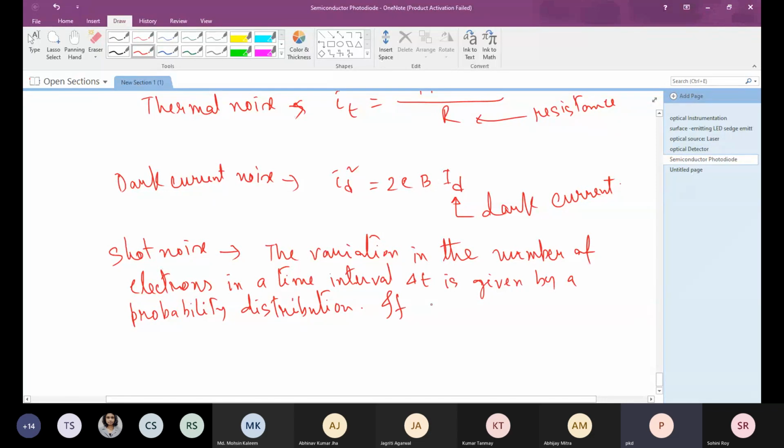Say alpha is the number of particles per unit time, so alpha into delta t is the average number of particles in a time delta t.